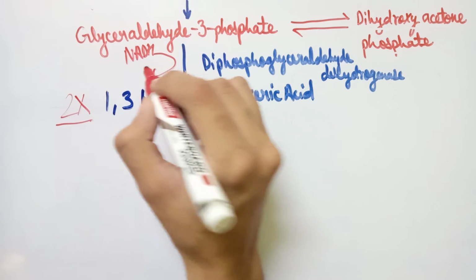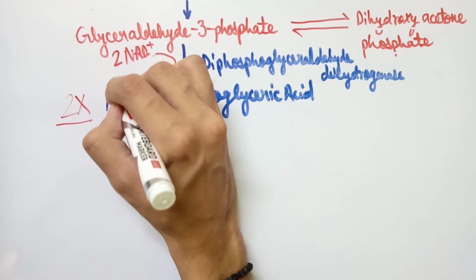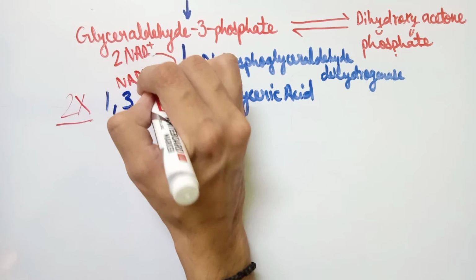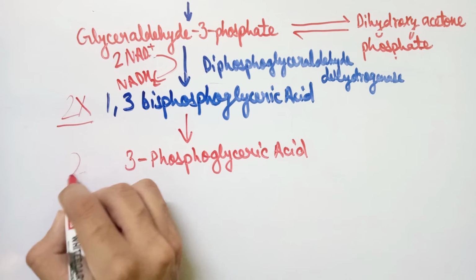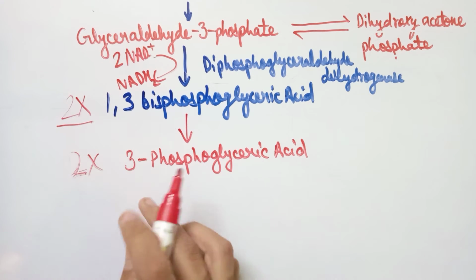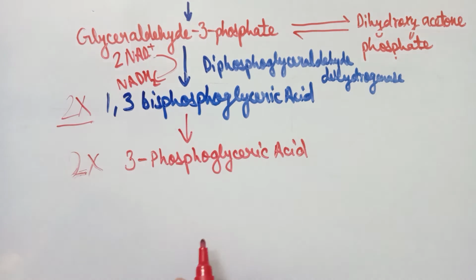During this process, two molecules of NAD plus will get reduced into NADH, and 2 molecules of 3-phosphoglyceric acid will be produced because there are 2 molecules of 1,3-bisphosphoglyceric acid already present.